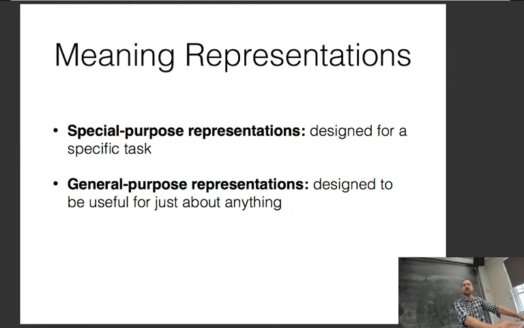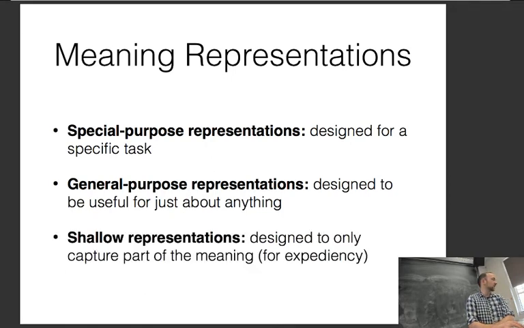And that was mainly what the reading materials were talking about: judging whether two sentences mean the same thing. Then you can take these general purpose representations and convert them in some way to the thing that you want to do, or operationalize them. And then there's also shallow representations that aren't aiming to get the entire meaning of the sentence, but to get particular parts of the sentence that would still be useful for some particular things.